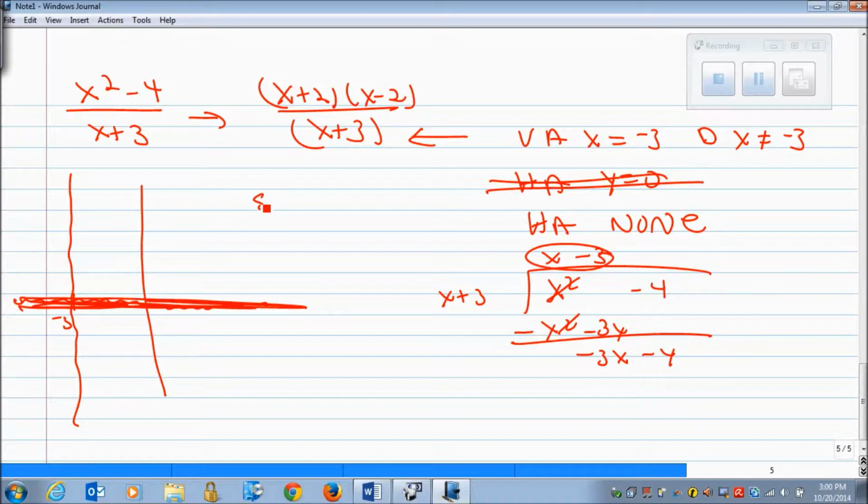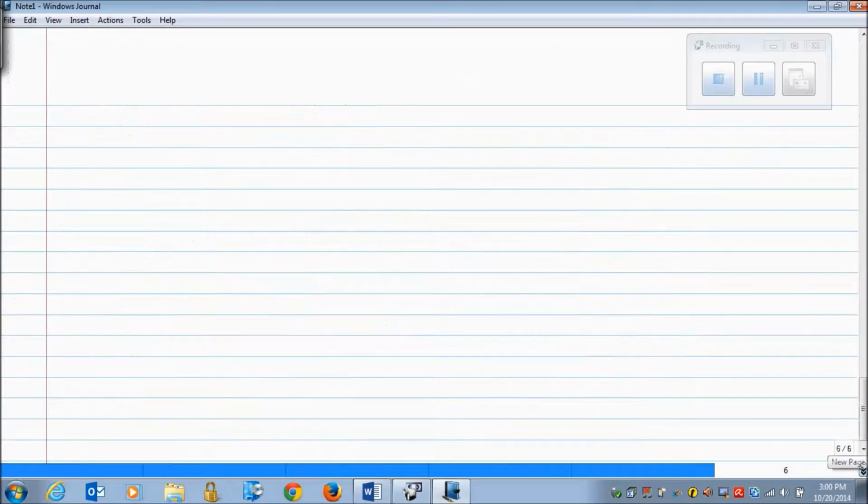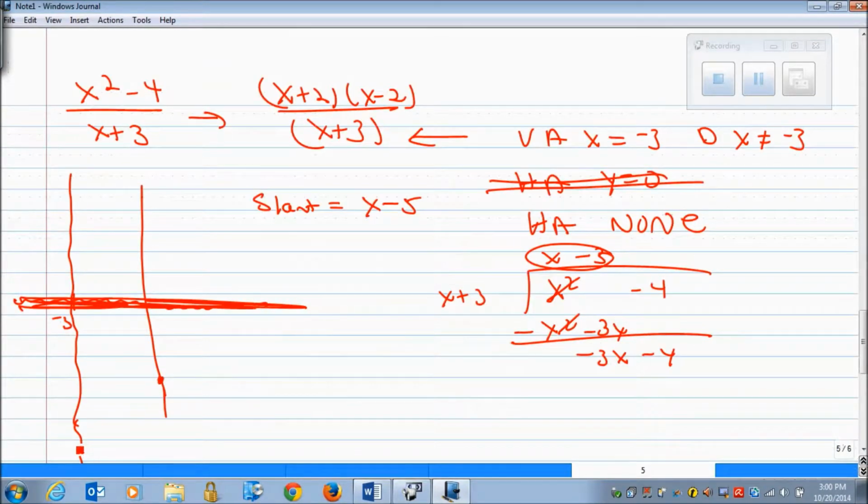So my slant is at y equals x minus 3. My y-intercept would be down here at negative 3 with a slope of 1, and it would be something like that.